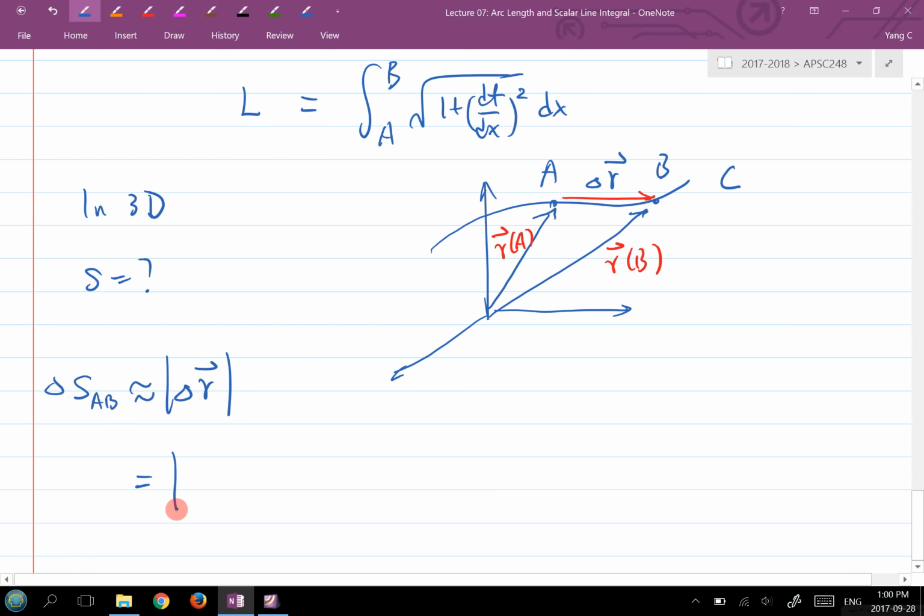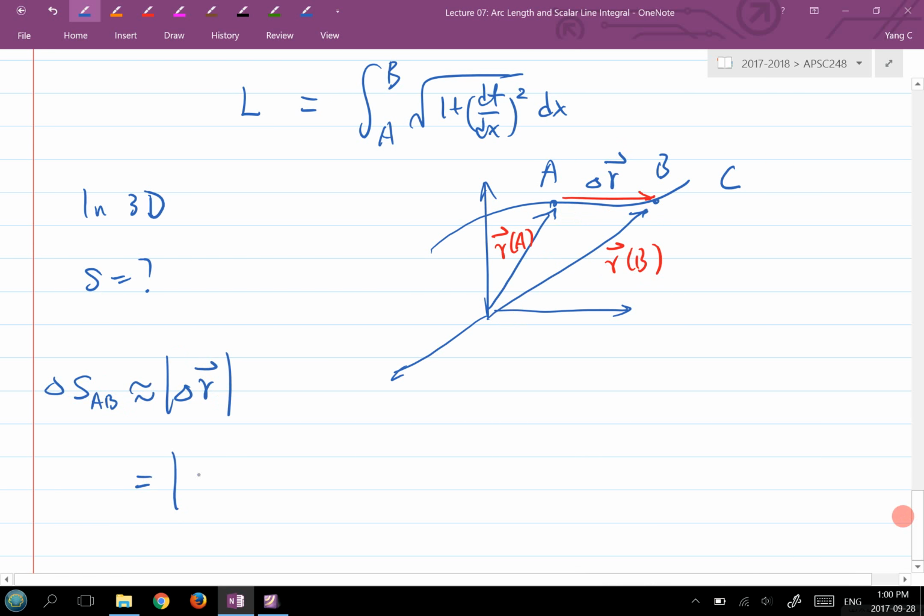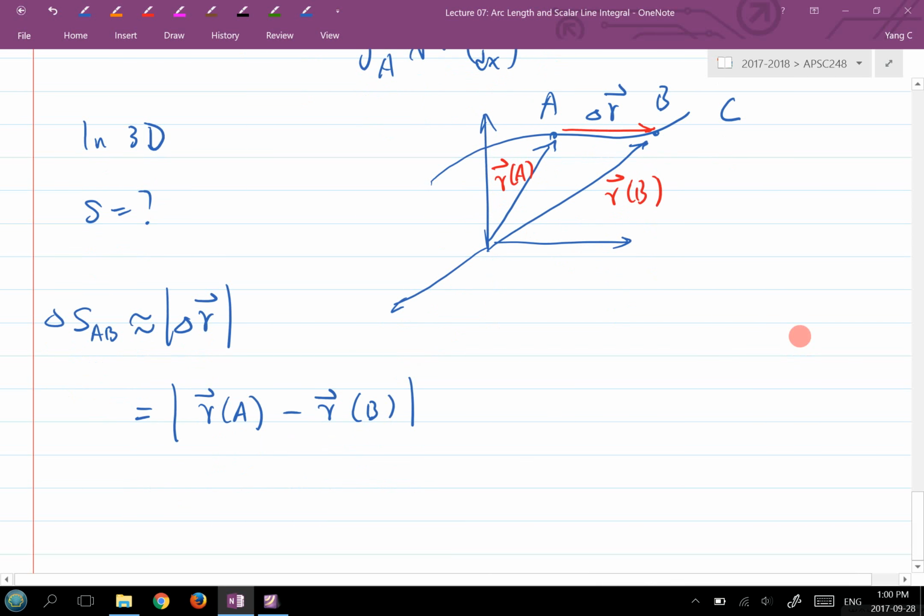Looking at this graph, what is delta R? Delta R is the vector R at the B location minus the vector R at the A location. I should actually change the order a little bit, but it doesn't matter.